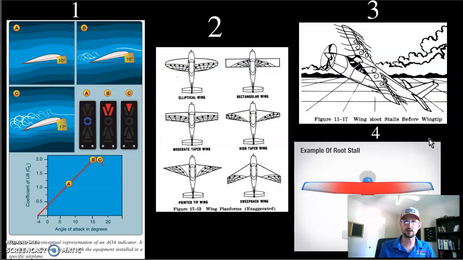Before we dive into the steps of how to do that, first I want to talk about the angle of attack. In this picture on the left, in number 1, this is the side view of the wing.